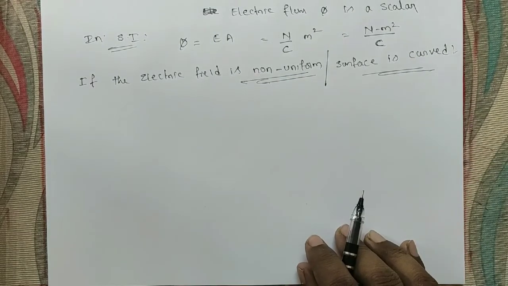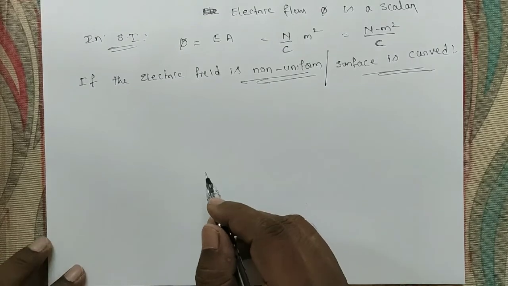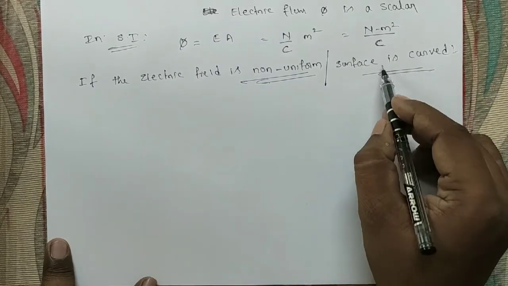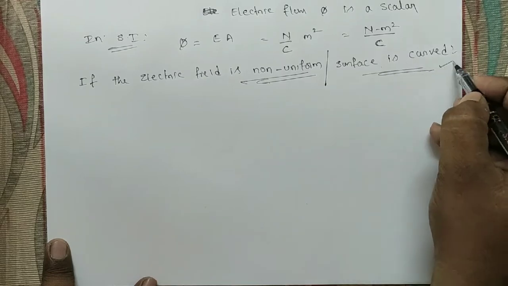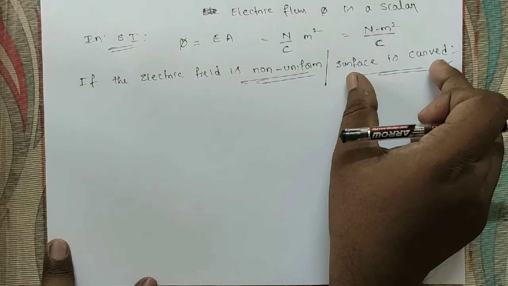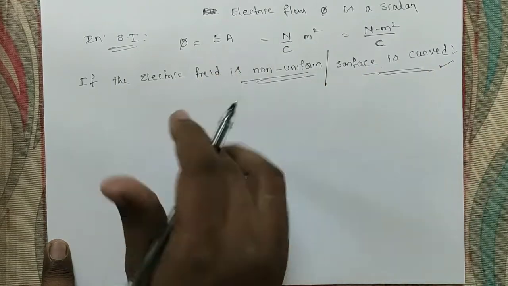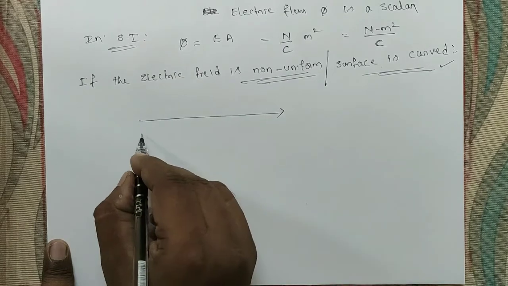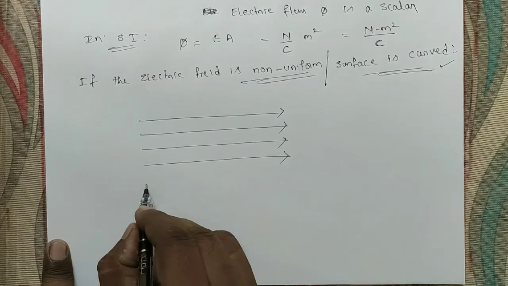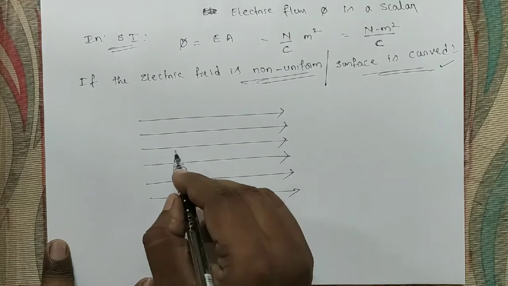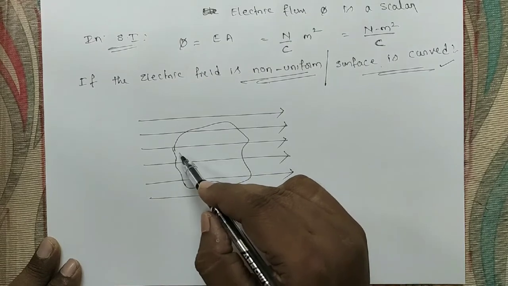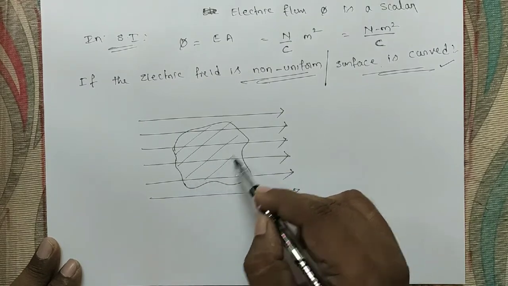In both cases we use the same formula, but I am taking the curved surface case. I take a uniform electric field with a curved surface. When the surface is curved, we have to divide it into small parts.